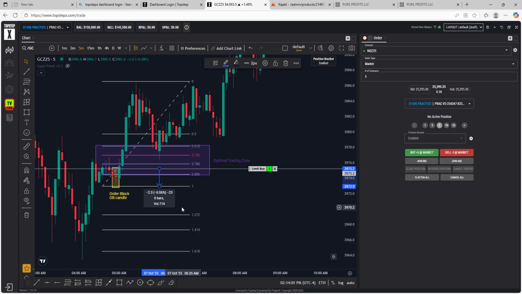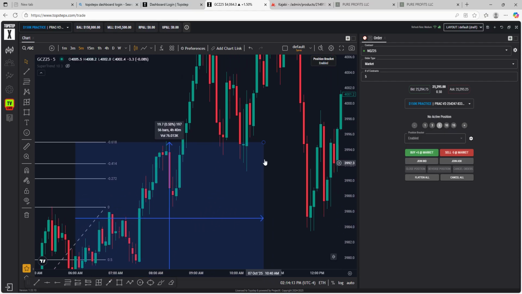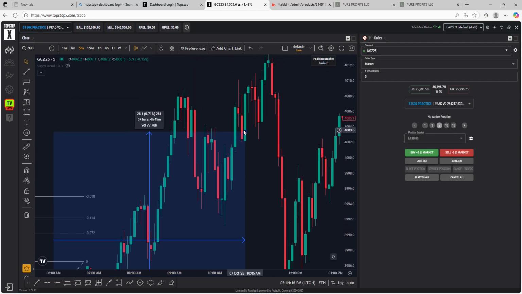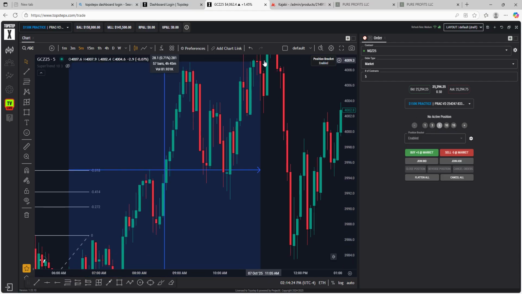Now, each pip is worth $10, so essentially I'm risking $230 on one contract for a profit gain of $2,081. Guys, this is the power of the strategy.